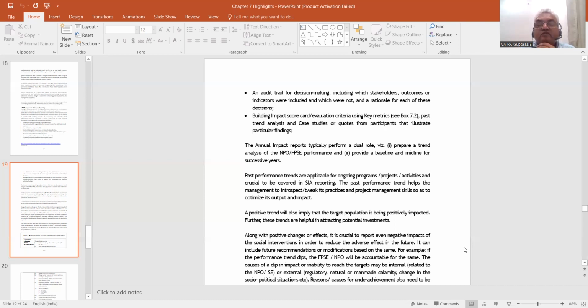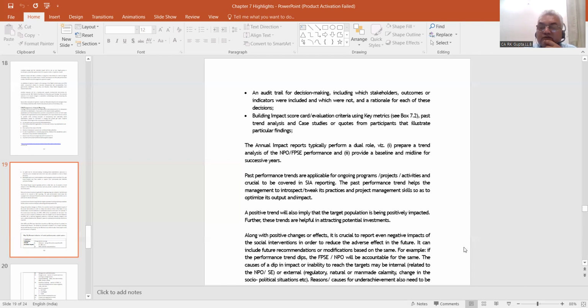For example, if the performance trend dips, then the for-profit enterprise or NPO will be accountable for the same. The cause of a dip in impact or inability to reach the target may be internal, related to the NPO or the social enterprise, or external. So there may be some regulatory interventions or natural or man-made calamity like a pandemic, etc. Then a change in the social political situation, political party changes, and their philosophy is not in line with the philosophy of the social enterprise.